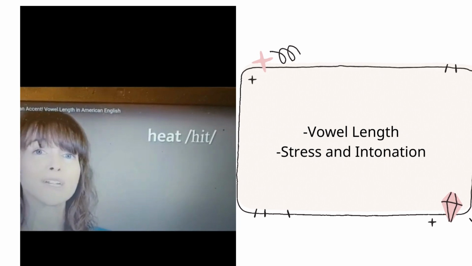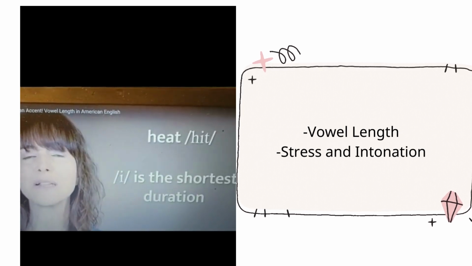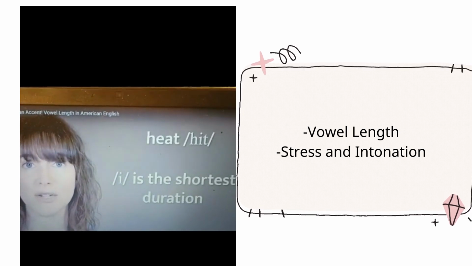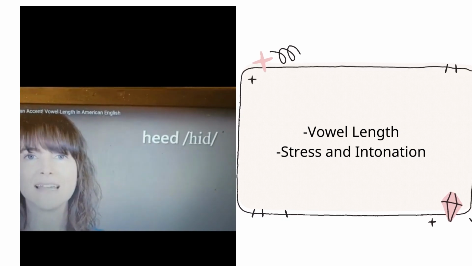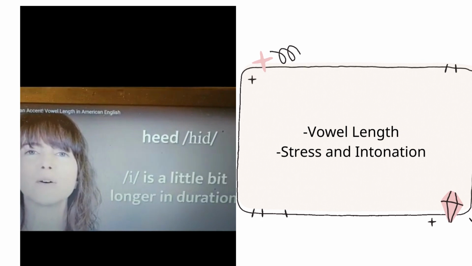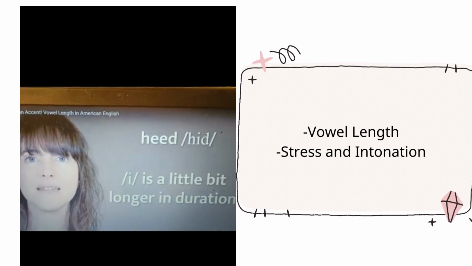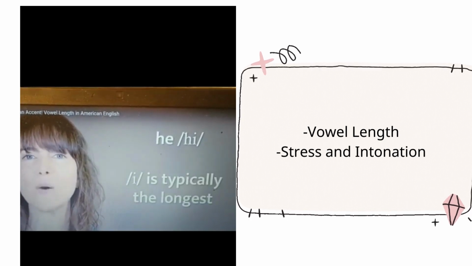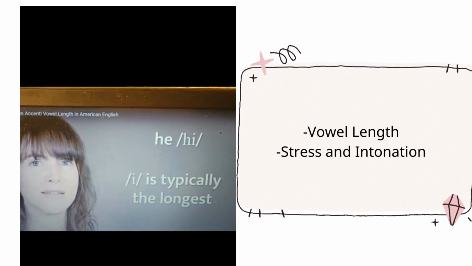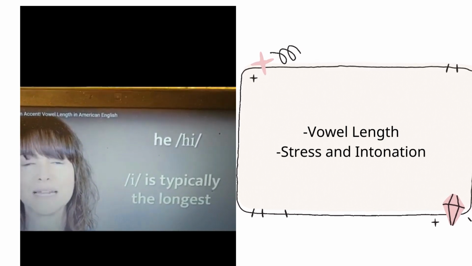This means that in the word heat, the E vowel is typically said for the shortest duration, heat. And in the word heed, the E vowel is typically held out a little longer, heed. And in the word he, the E vowel is typically held out the longest, he. Heat, heed, he.